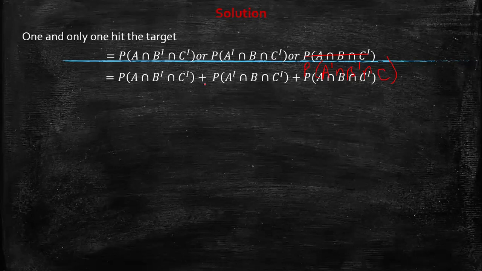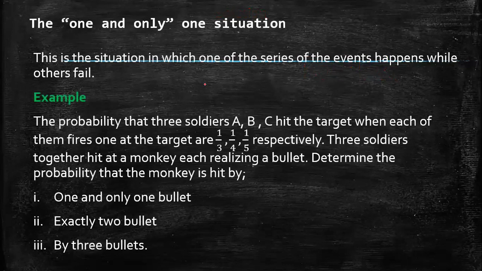But we can go back a bit to find those primes. Probability of A is a third. Probability of B is 1 out of 4. Probability of C is 1 out of 5.